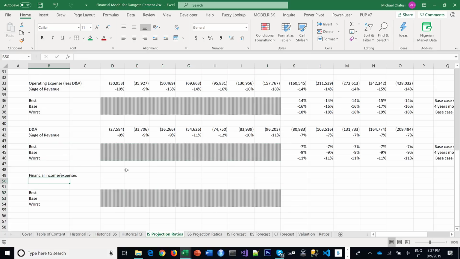So financial income and expenses. But some other times you could see companies, especially those strictly following the IFRS, they split them into two different lines and do the net. So I just pick the net here.